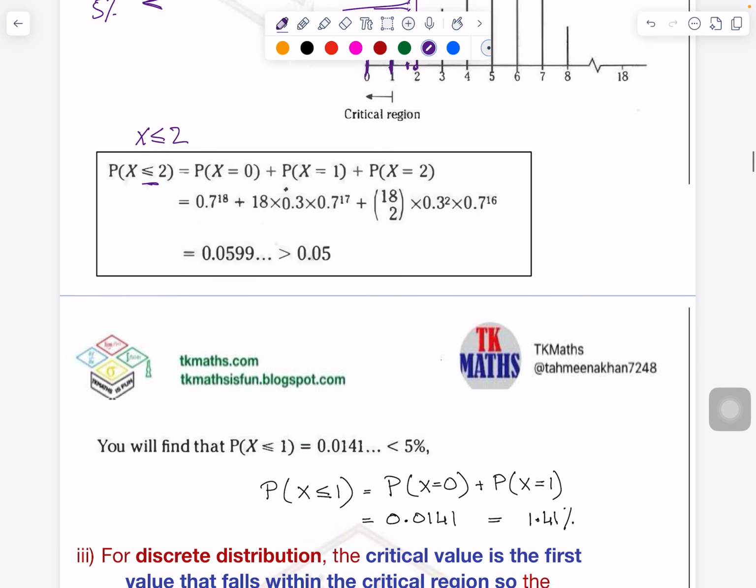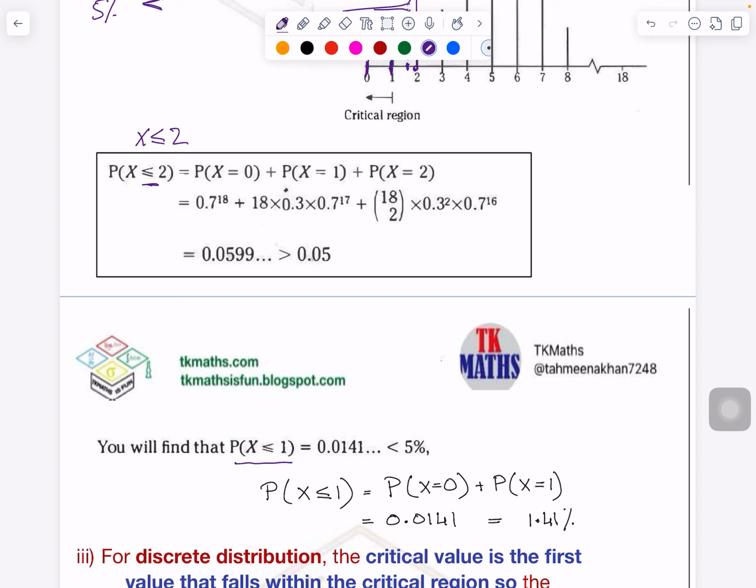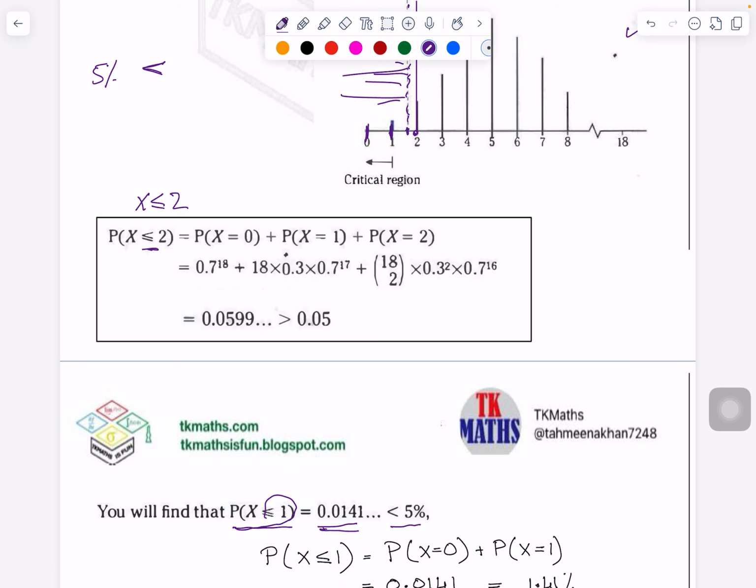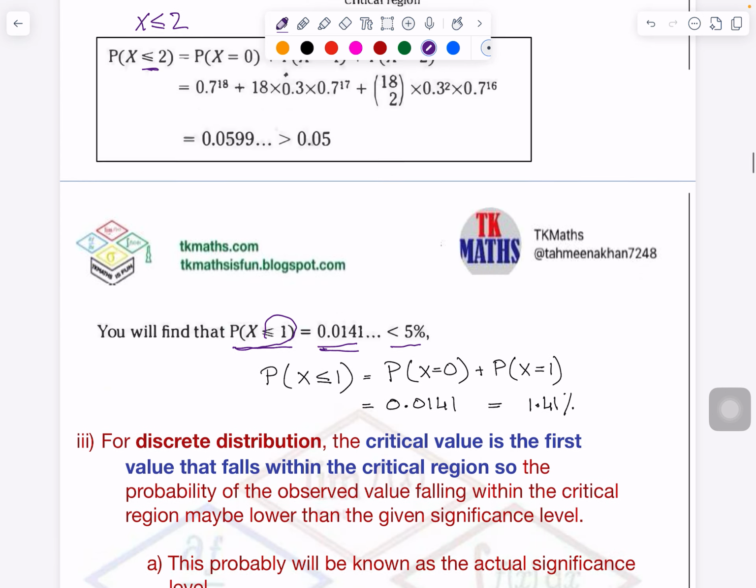But just to show the calculation, at x less than or equal to 1 the probability is coming 1.41%, which is less than 5%. It means this is your critical value, and this whole region, which is 1.41%, is called the critical region, right? So in case of discrete data, which is for Poisson and binomial, the value which falls within the critical region will be considered as the critical value.